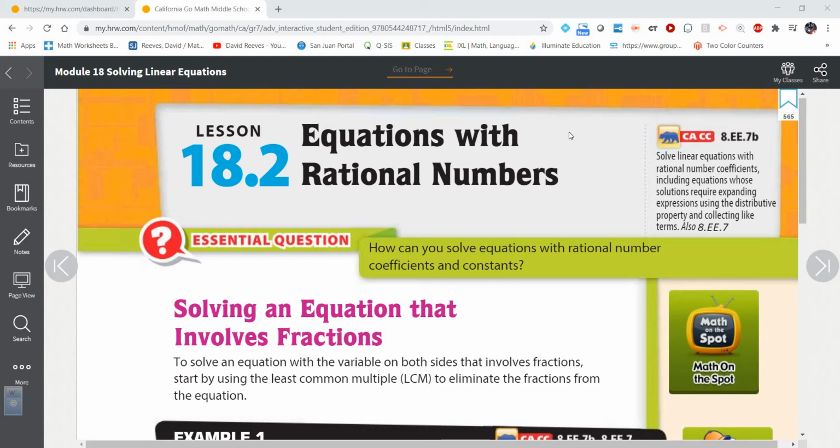All right, so hopefully you remember from our study of numbers earlier this year that a rational number is any number that can be written as the ratio a over b, or the fraction a over b, where a and b are integers and b is not equal to 0. So pretty much when I say rational number, you should think fraction or decimal.